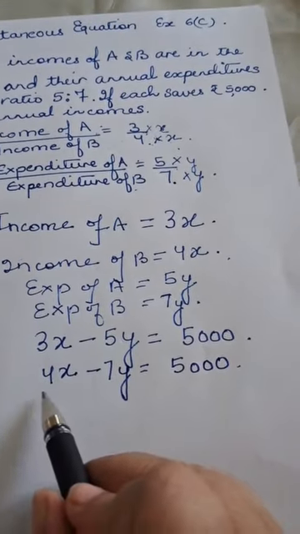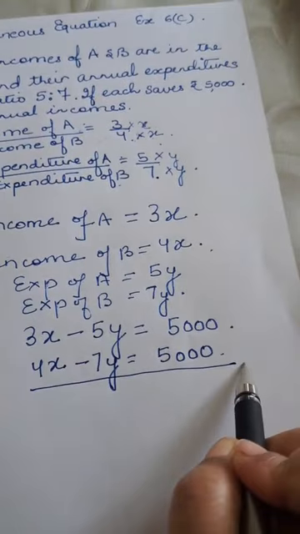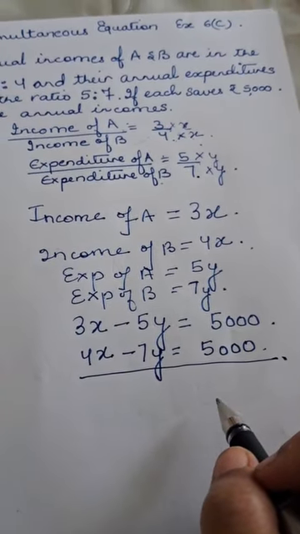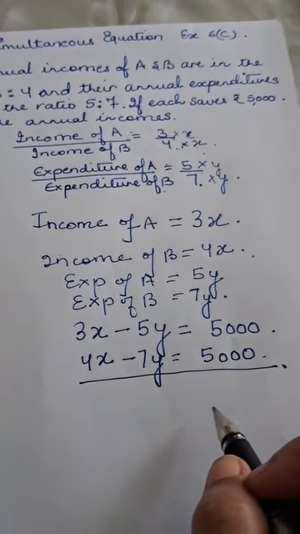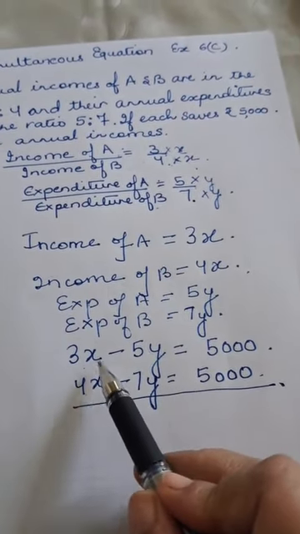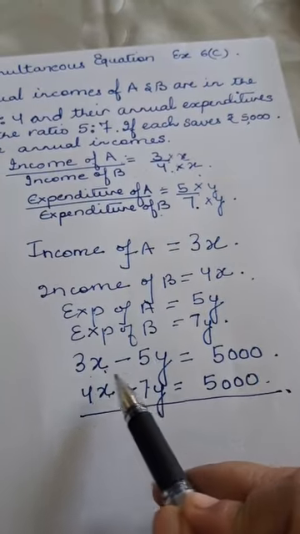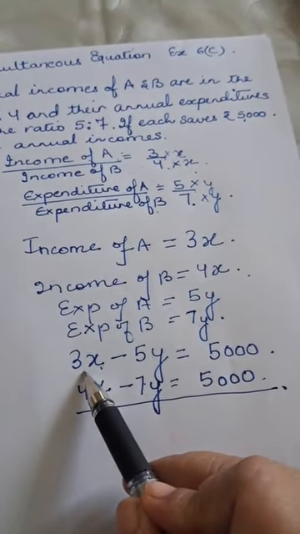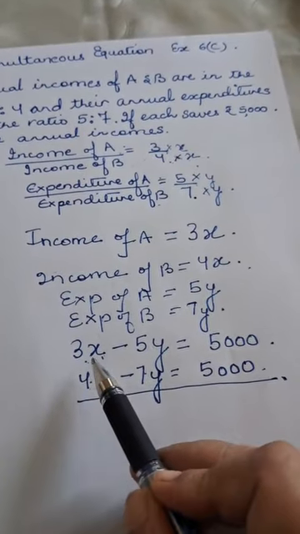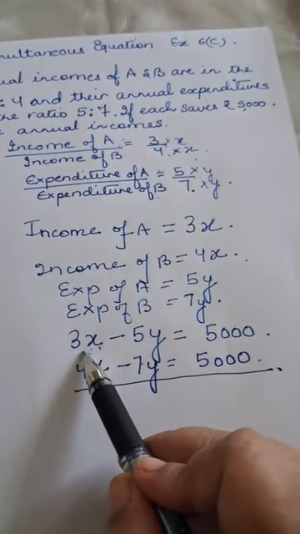Now we will solve these equations by, say, the elimination method. What is the elimination method? We multiply the equations so that the coefficient of any of the variables becomes the same.